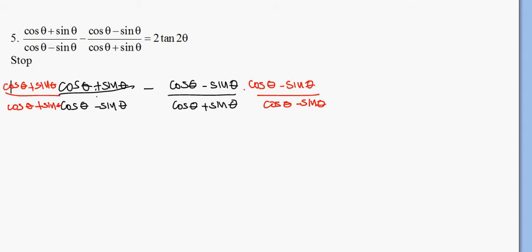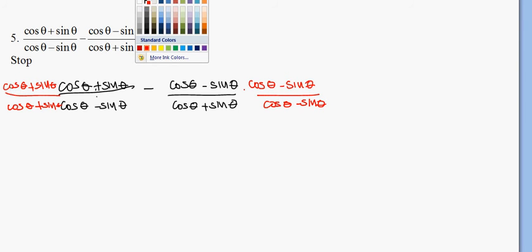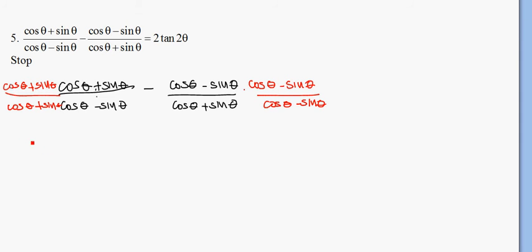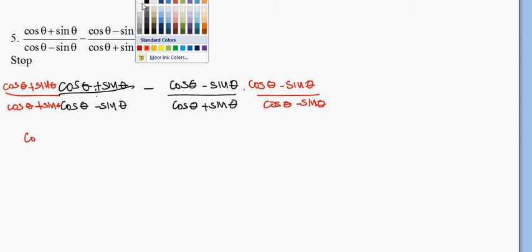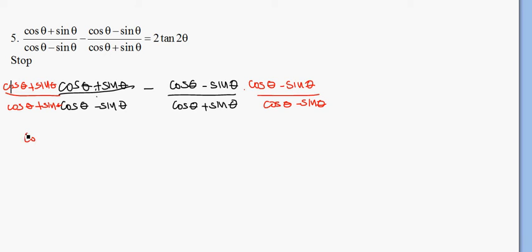So I'm going to multiply the numerator now, and I get cosine squared theta plus, when I multiply this stuff, I get 2 cosine theta sine theta plus sine squared theta, minus the quantity.